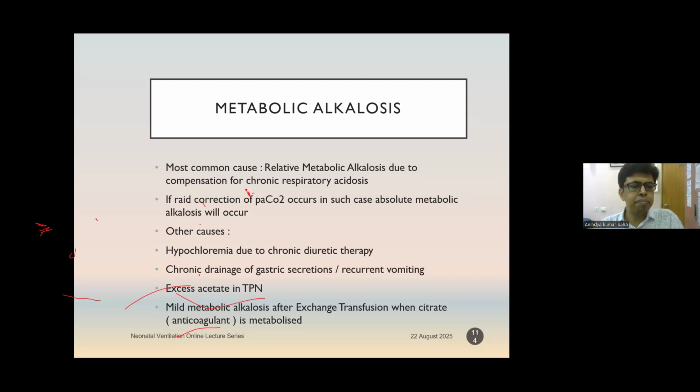Or there may be some mild metabolic alkalosis after exchange transfusion when excess anticoagulant like citrate is used for high volume exchange transfusion, which is metabolized to give rise to alkali-like base in the blood. So that will give metabolic alkalosis immediately after exchange transfusion.